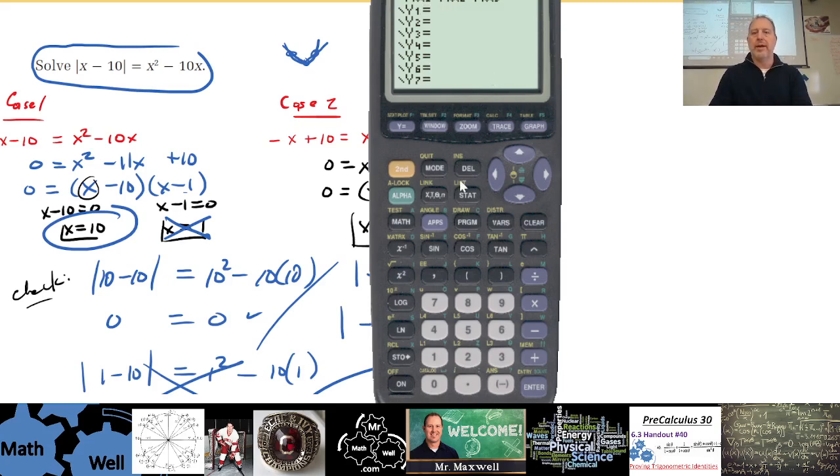Delete. All right, so let's see, math, over to number 1 there. So absolute value, we'll do x minus 10, bracket, and then separately, we'll do x squared minus 10x. And then we'll graph that.